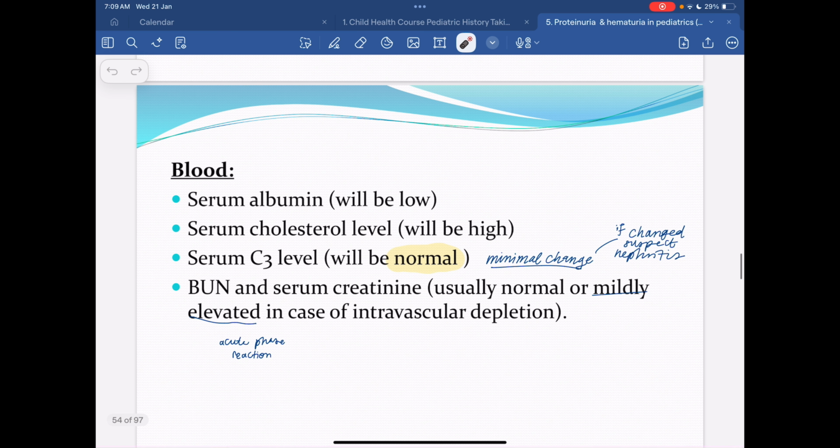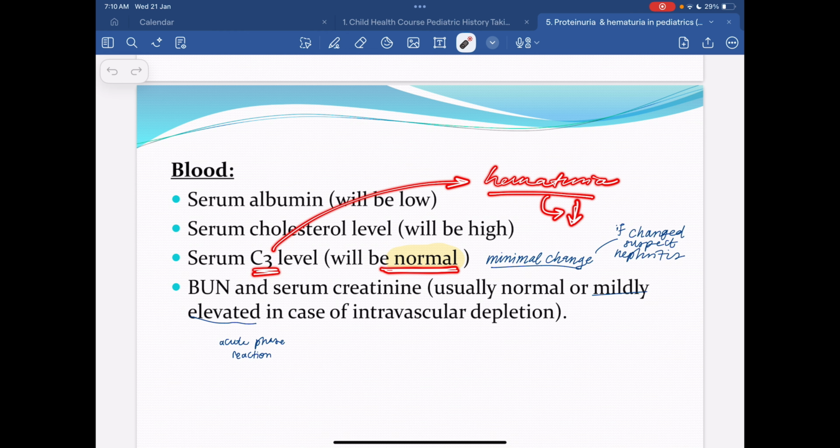So in blood, in nephrotic syndrome we're losing protein, so we have decreased albumin. We have hyperlipidemia, so serum cholesterol would be high. Serum complement level, C3, will be normal. We say C3 specifically because in nephritis we'll see that it will be low. The complement level is normal here.